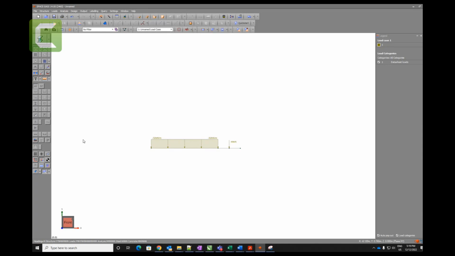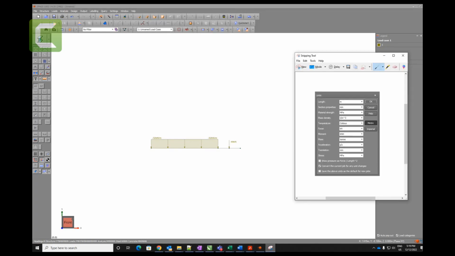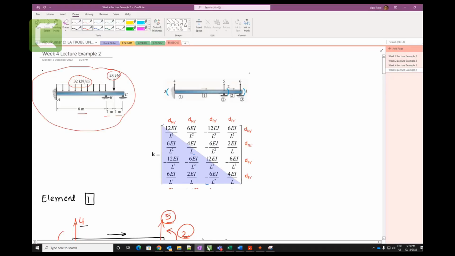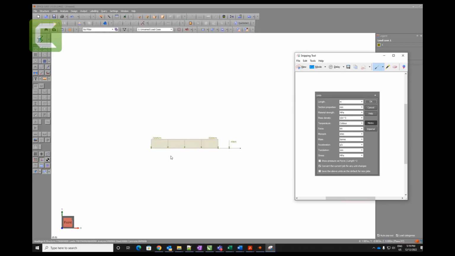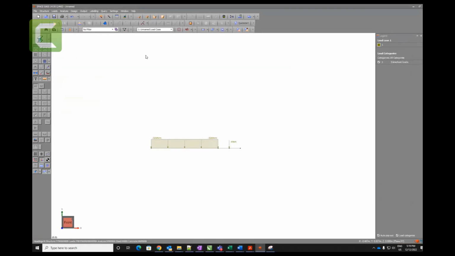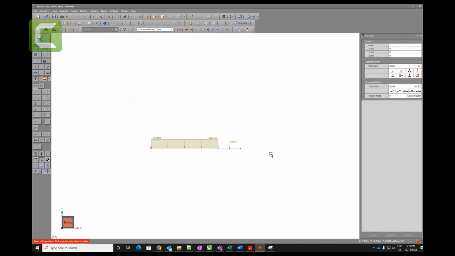So you have -48. Now you want to put a boundary condition as well. Sequence is not important, but you have fixed supports here, then roller supports here, and roller supports here. So double click, fixed supports, that is the encastre fixed support here.